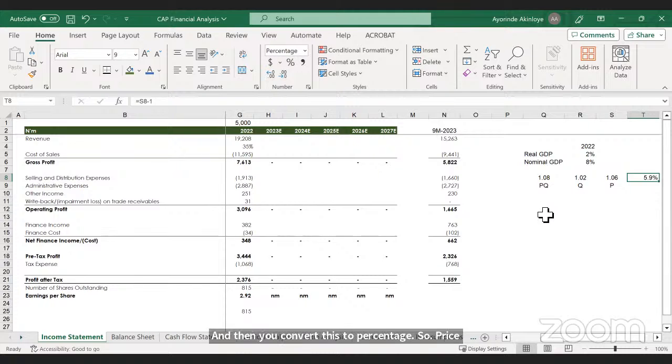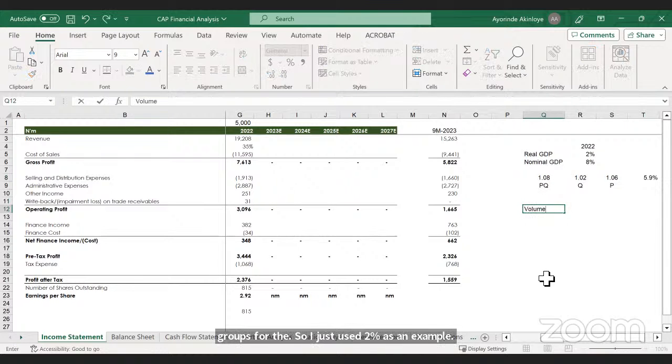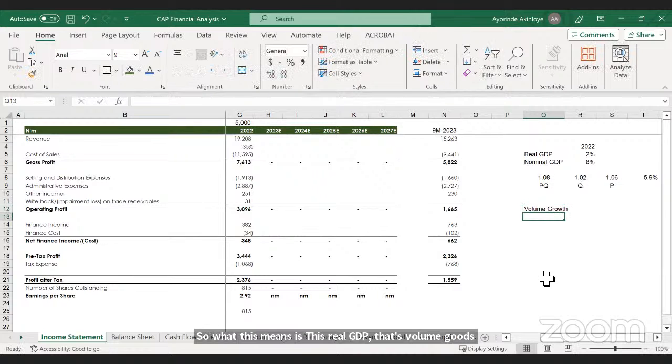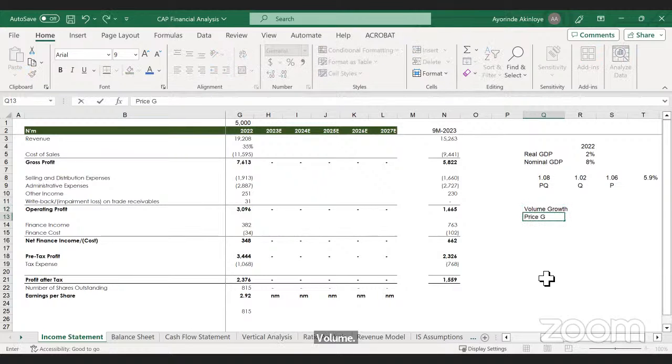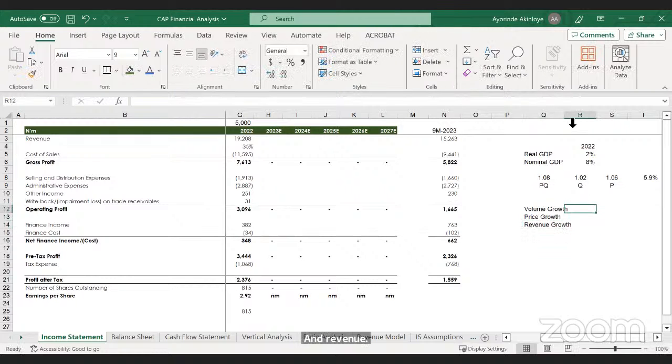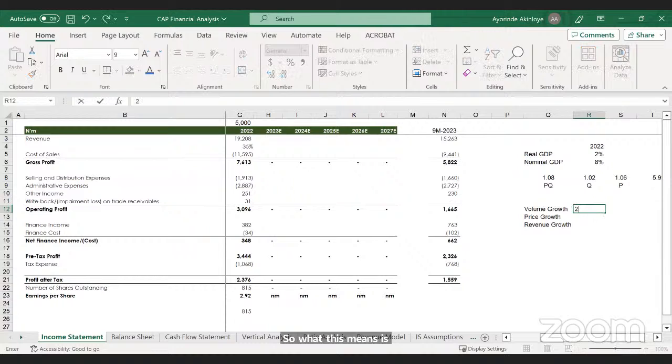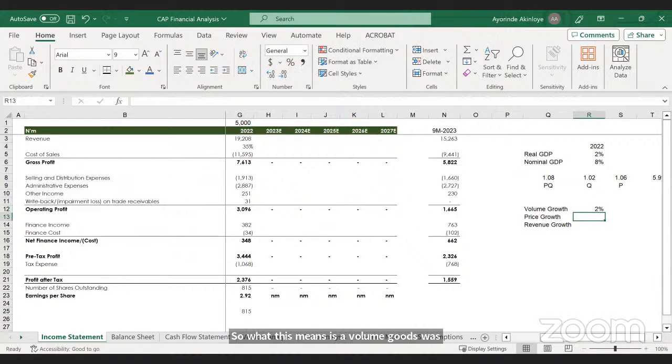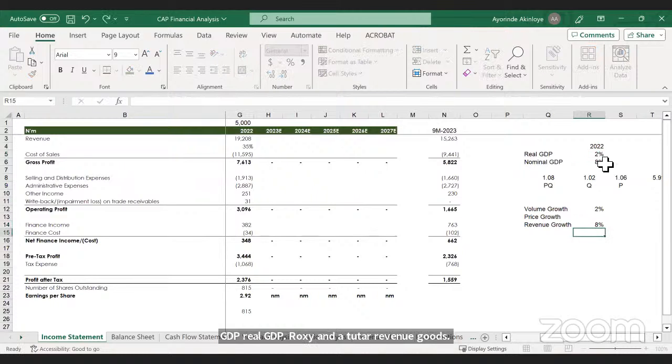So what this means is this real GDP, that's volume growth, price growth, and revenue growth. Our volume growth was 2% using the real GDP growth proxy, and our total revenue growth was 8% using our nominal GDP proxy.